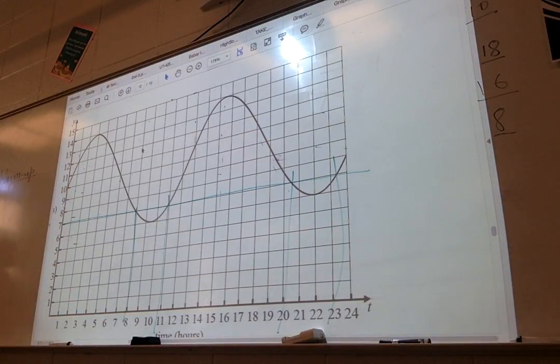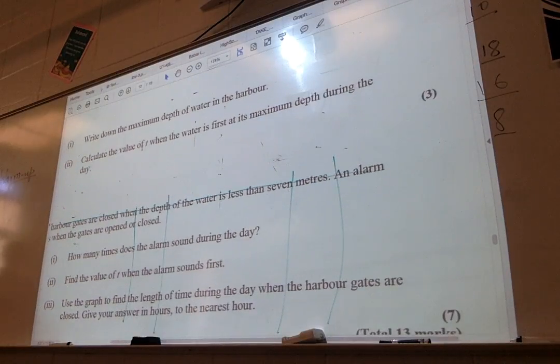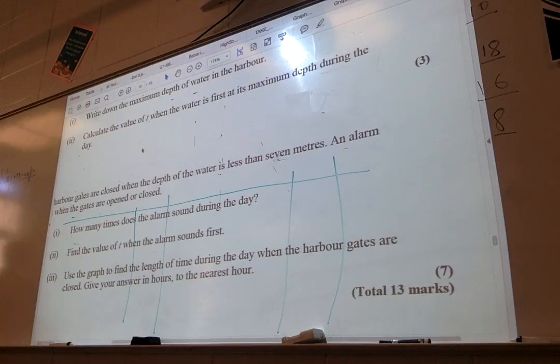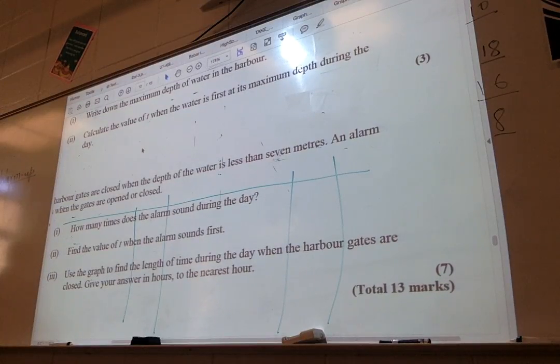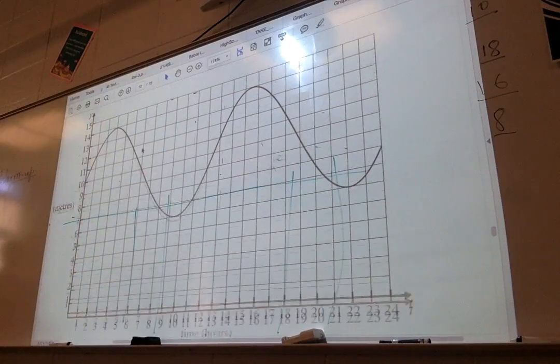Do you have any questions with that? So to get marks, you just draw the line on the graph. Even if you don't draw the graph, he'll be just seeing the values on it. Find the value of t when the alarm sounds first.